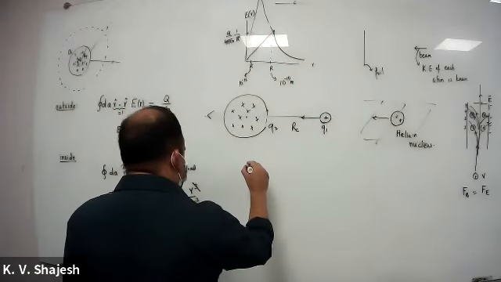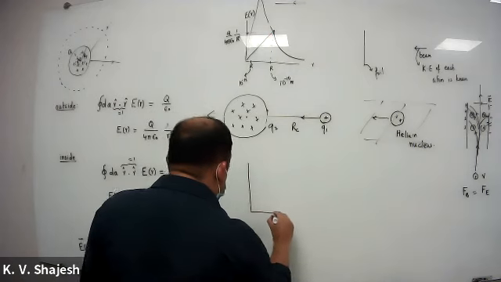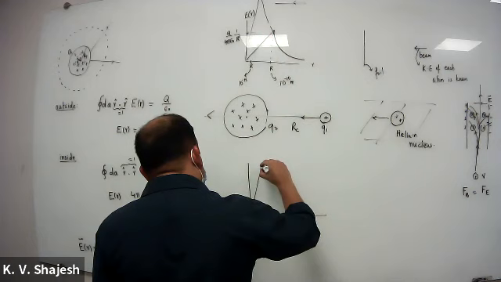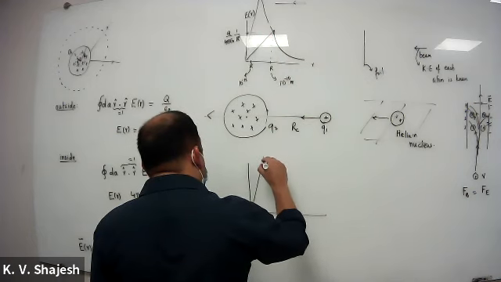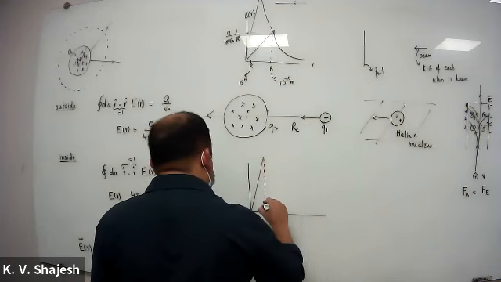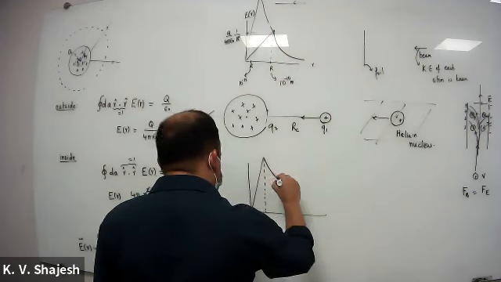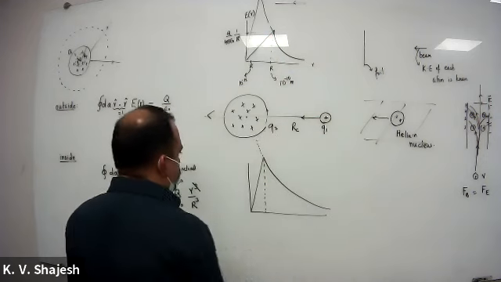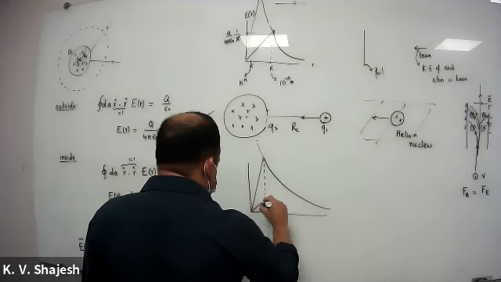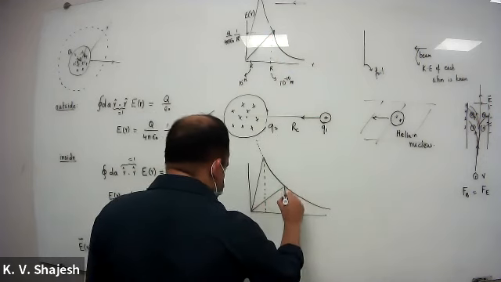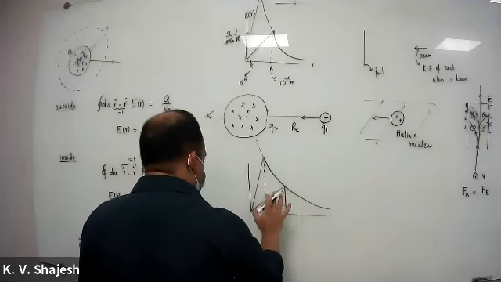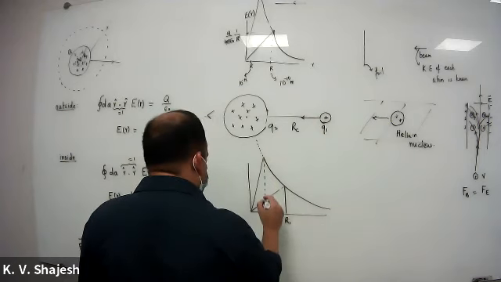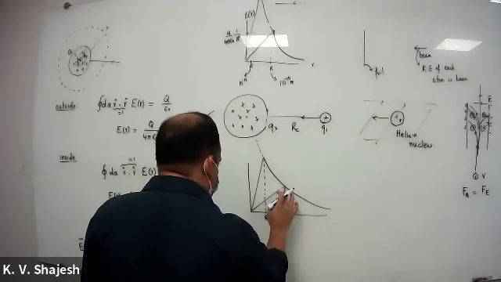So the point is, if the radius is small, electric field can be very large. That's 1 over R square. It will keep going if it was allowed to. But now this is another radius. Is that clear? So this is R1. That's another possibility, R2.